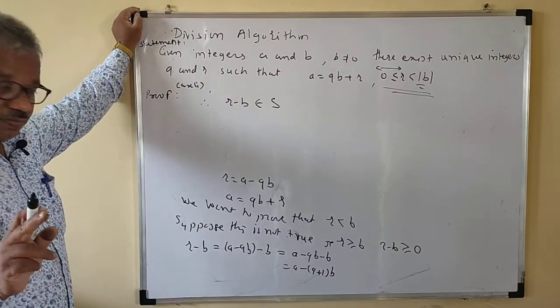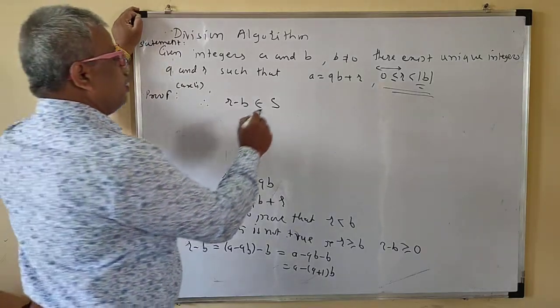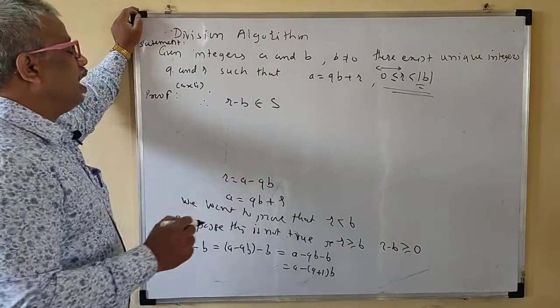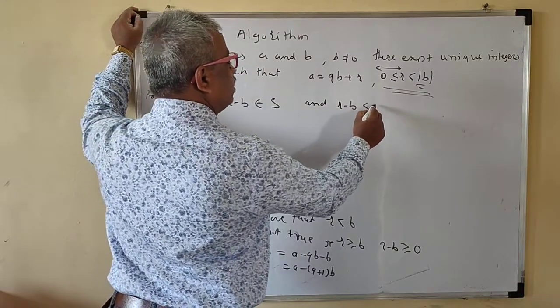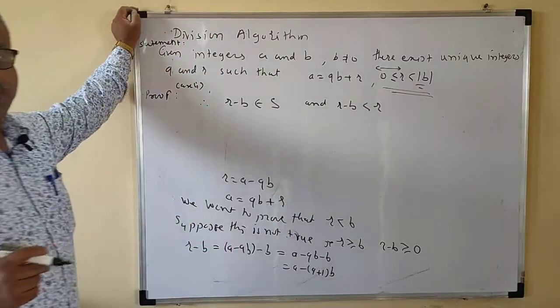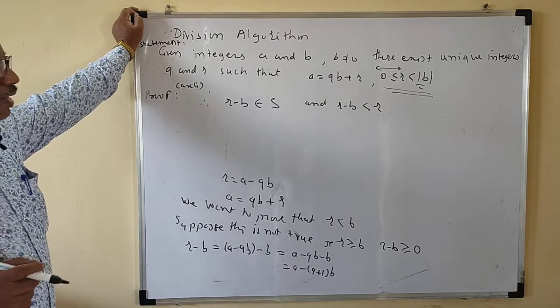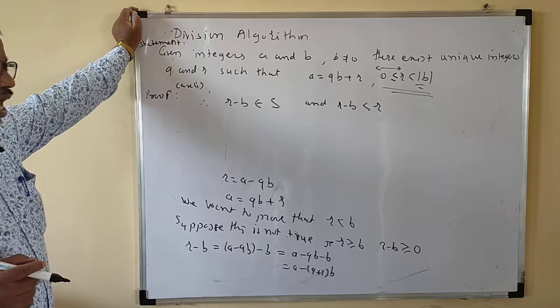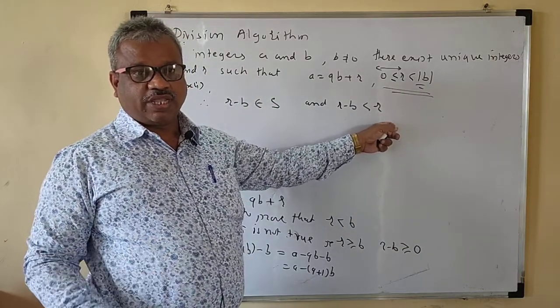Now b is positive, and r minus b is less than r because b is positive. What is r? r is the smallest element.